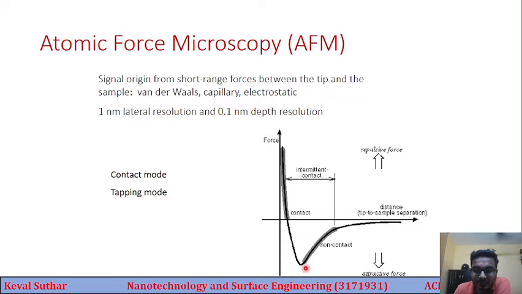That is, attractive forces are maximum over this region, and then when we increase the distance between tip to sample, then this attractive force keeps on decreasing, and after a certain region it becomes nearly or approximately zero. So this is the graph between the tip to sample distance and the force. We will see this in much more detail now.